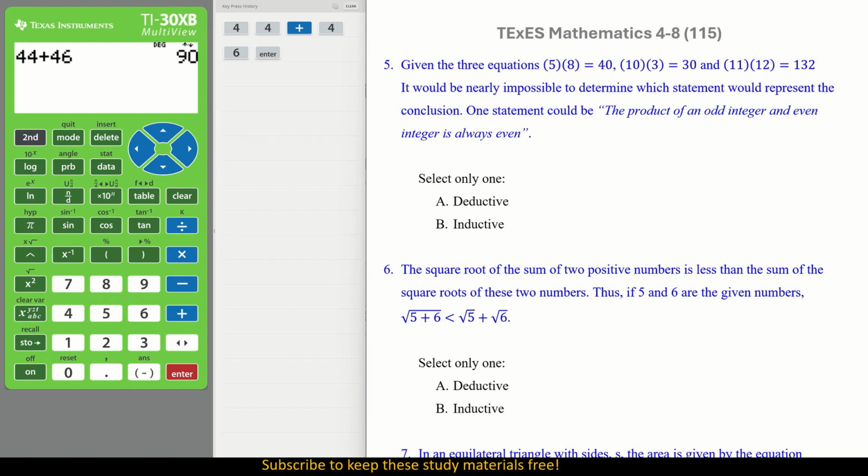One statement would be the product of any two odd integers and even integers is always even. Well, this is just something that you would want students to get to. Is there a generalization? Well, I see even and odd is always even.